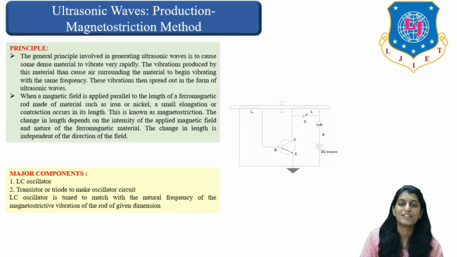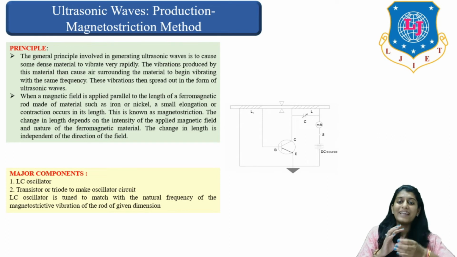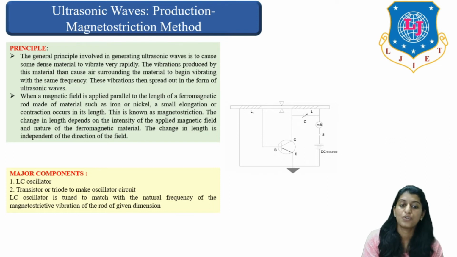Magnetostriction, as you can see, we can divide this word into two parts, magneto and striction. So when there is a change in length, whether it is elongation or contraction, it is termed as magnetostriction.